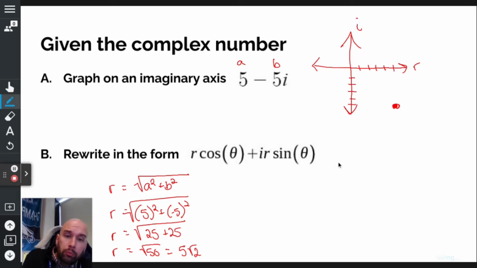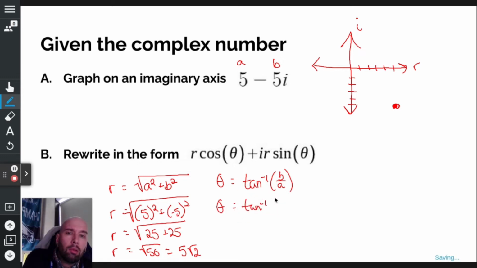So that's the r. The way we find the theta, and my lights just turned off in my room, is the inverse tangent of b over a, y over x. In this case, the inverse tangent of -5 over regular 5, which simplifies to the inverse tangent of -1. Now, the inverse tangent of -1 has two possible answers, one that lives up here or one that lives down there. We want the one that lives down there, which means we are going to have an angle measure of 7 pi over 4.